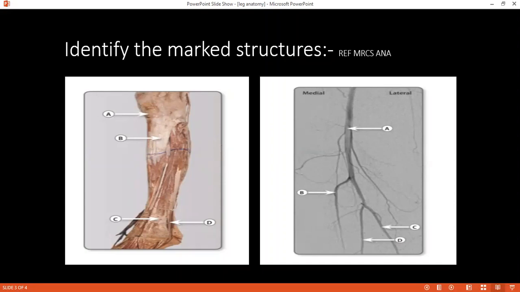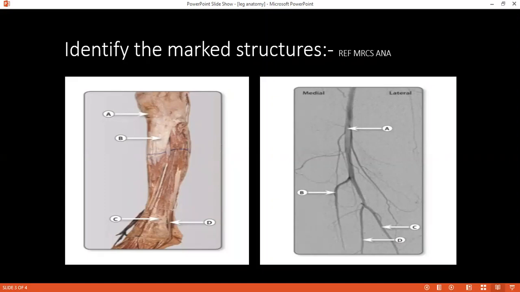L1, L2, and L3 are the anterior side of the thigh, and then L4 on the medial side of the lower leg, and L5 on the lateral side, and then S1 towards the lateral side of the foot, and we have the posterior side of the leg, and S2.